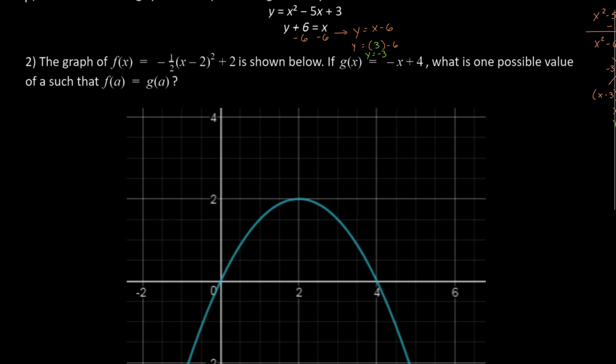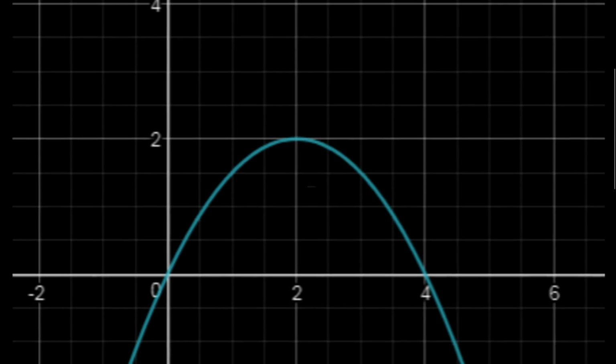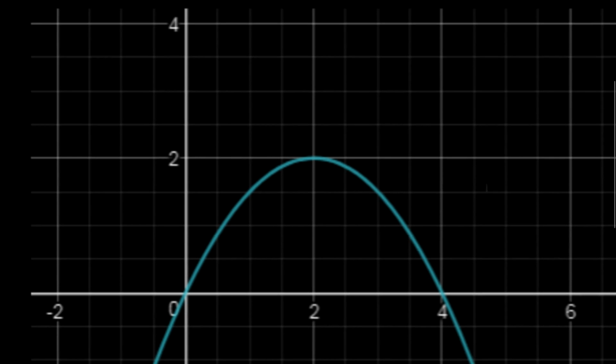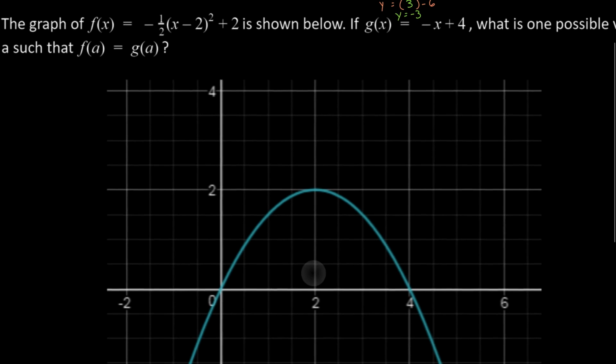All we need to do is graph the line g of x is equal to negative x plus 4. What is the first perfect point we're going to put on here? If I have negative x plus 4. Do we need to review graphing linear lines?